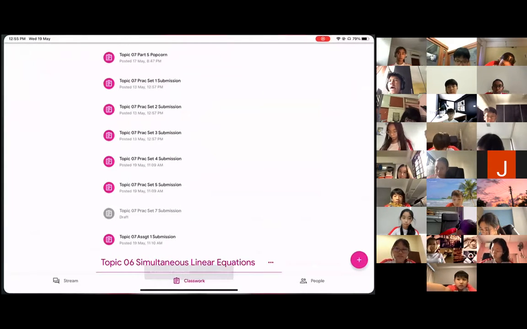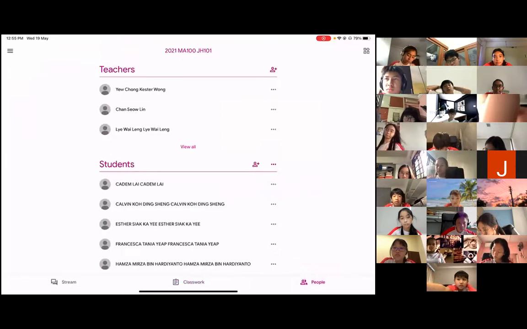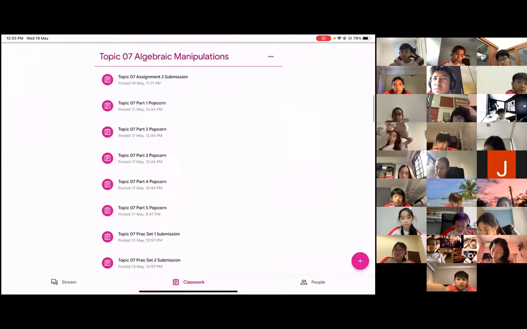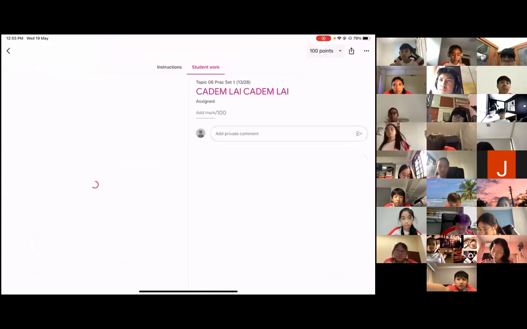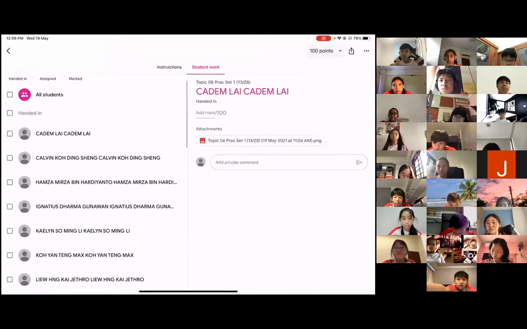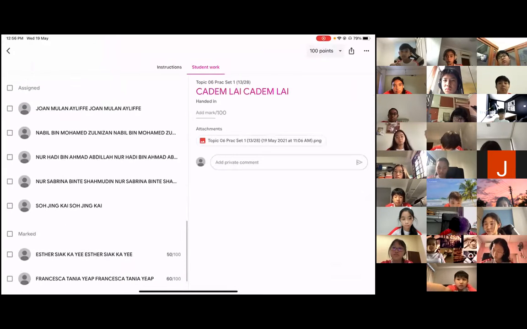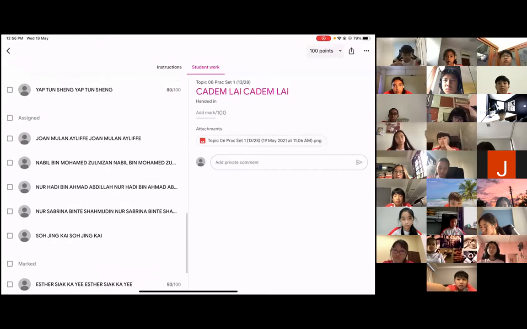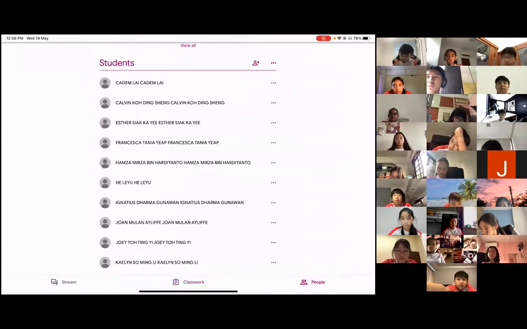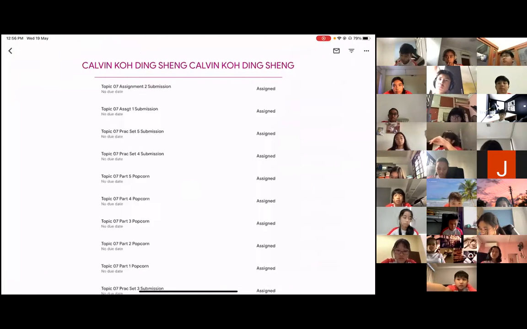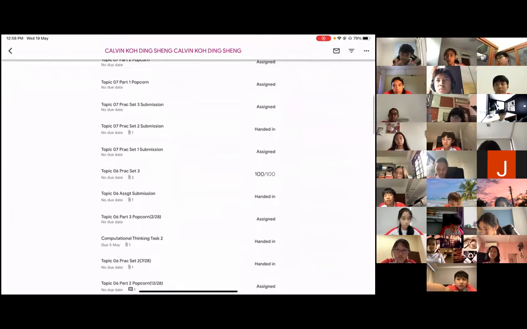I don't know if you all can see my screen. Can you all see my screen? Okay, let's say I just look at, for example, topic 6. I think it's about the same few people, some will be Sabrina, Jing Kai, Hadi, Nabil, Mulan. This is topic 6. Do go inside to check your work. Let's say look at Kelvin: topic 7 work not really in, but topic 6 all in.